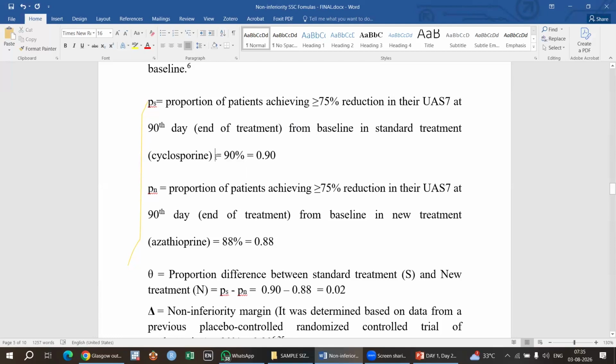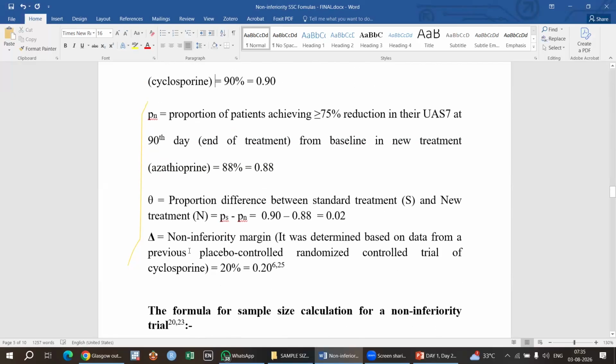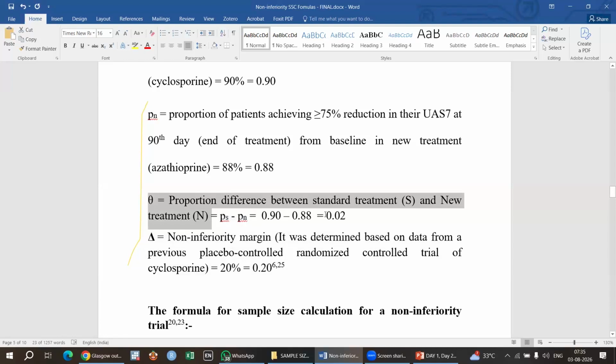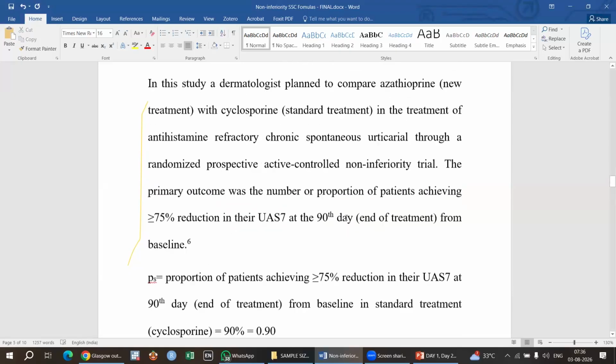But we want to conduct a non-inferiority trial, and we want to say that azathioprine is non-inferior to cyclosporin with a non-inferiority margin of 20%. Here they have taken a 20% non-inferiority margin from a previous study. And this is theta. Theta is PS minus PN, that is 0.02. It is a difference.